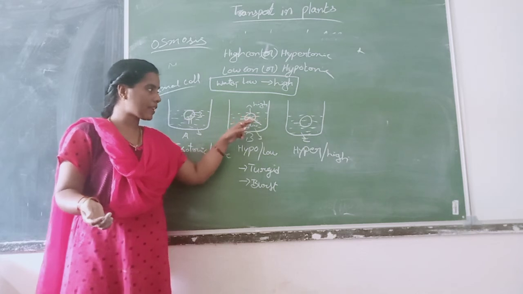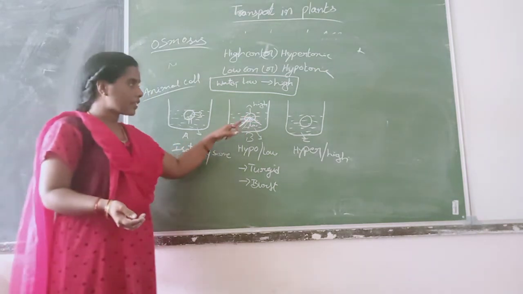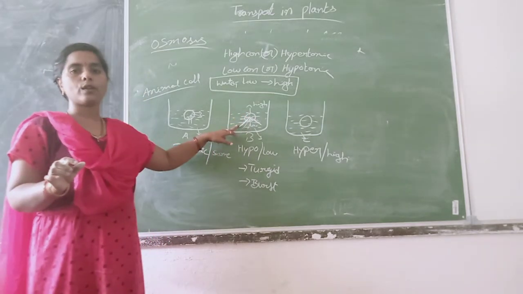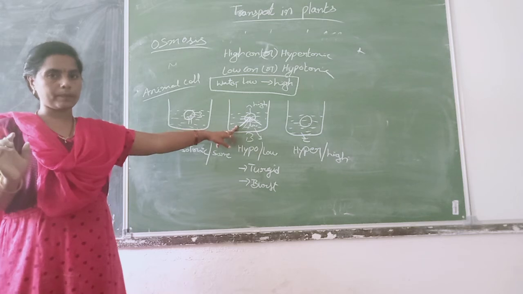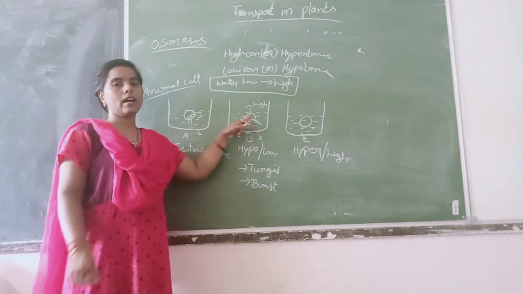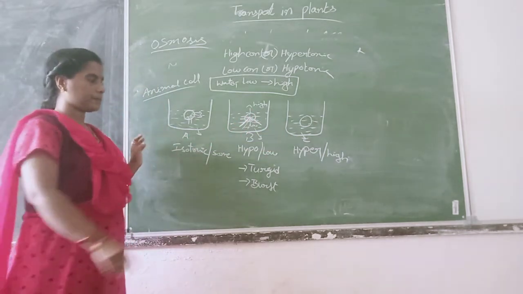The plasma membrane will be ruptured and the cell will be destroyed. So when we place the animal cell in a low concentrated solution, because of low concentration, water moves into the animal cell.